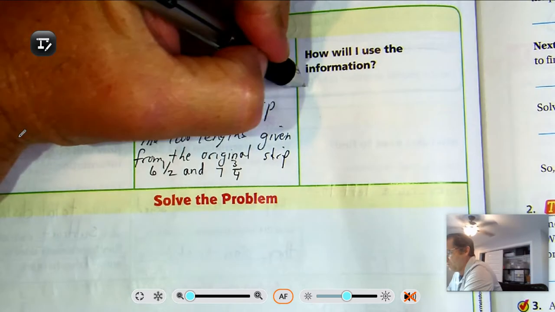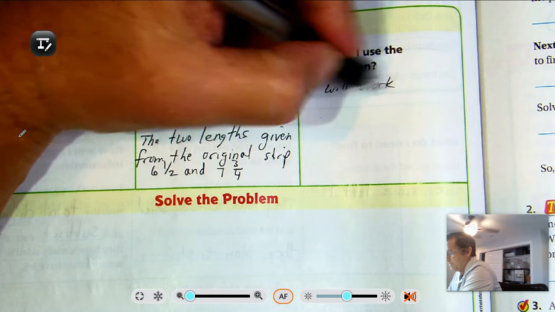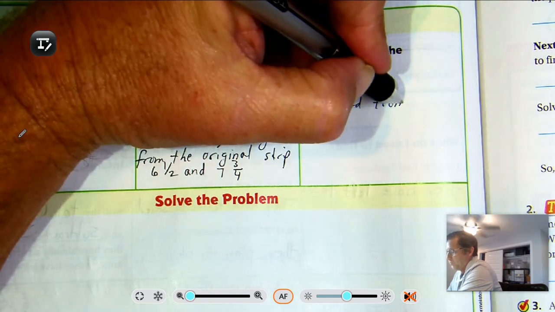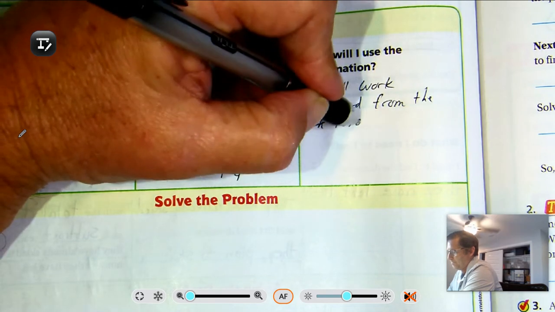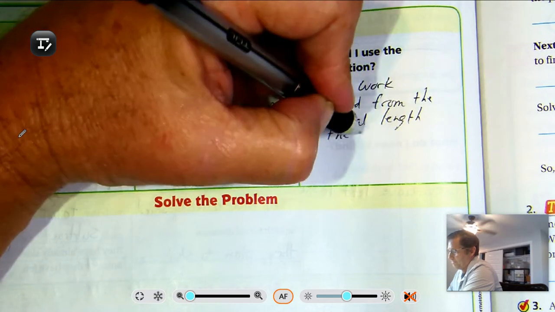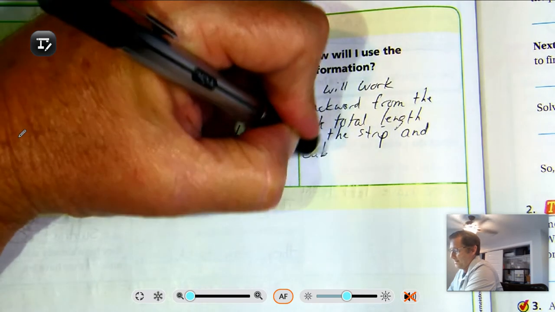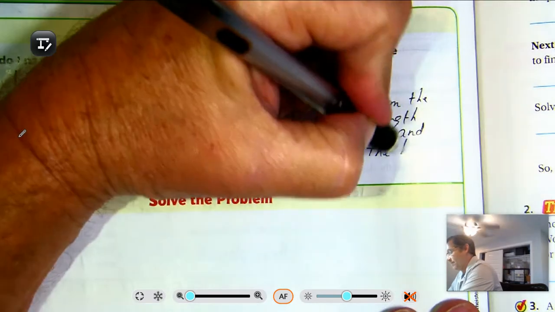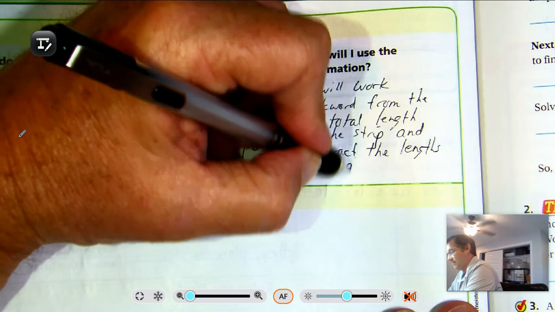So how do I use the information? Well, remember we're working backwards. So I will work backward from the total length of the strip and subtract the lengths of the given pieces.